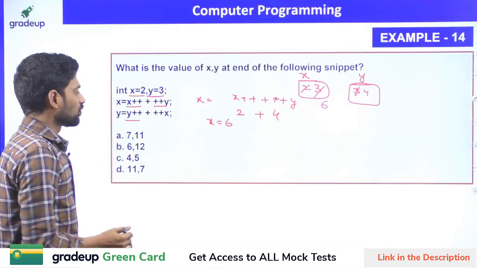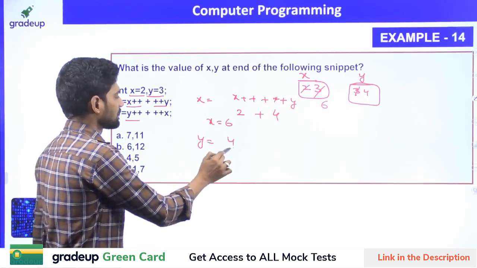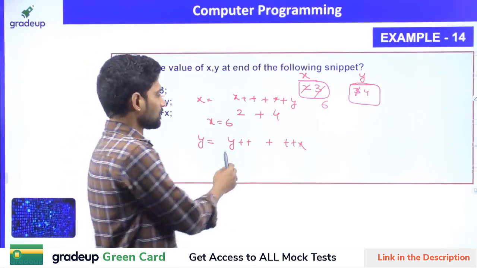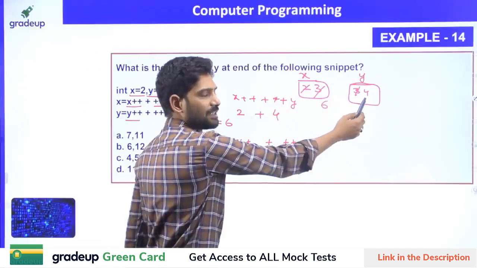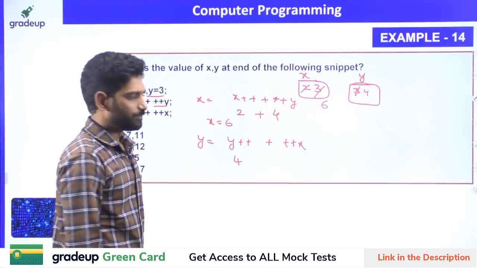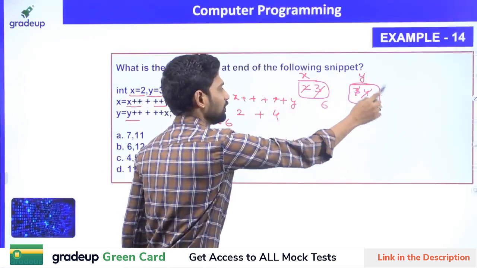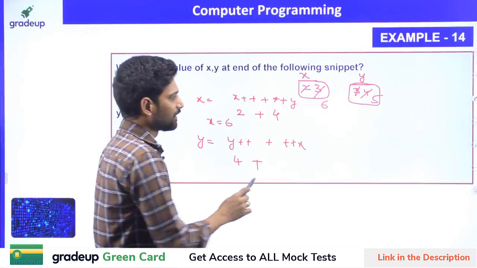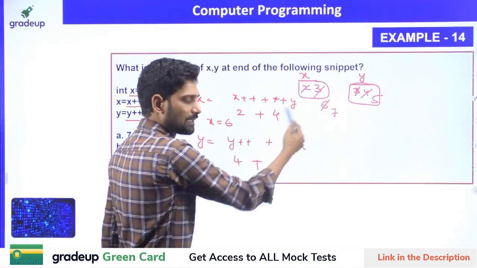Second line, y is equal to y plus plus plus x. So y plus plus, it is post increment. So first it will give the available value, then it will increment that to 5, plus x pre increment. So first increment and then assign the value.